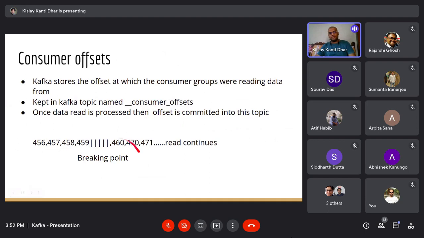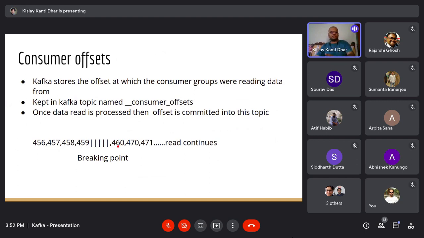So once it comes back again, the consumer will know till when we have read the data, and that's 459. Then it will continue from 460. Once it does that, it will commit.